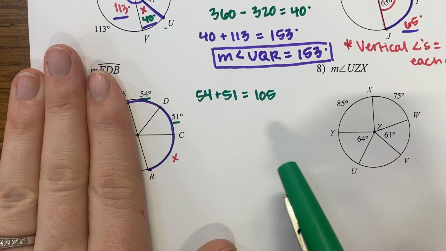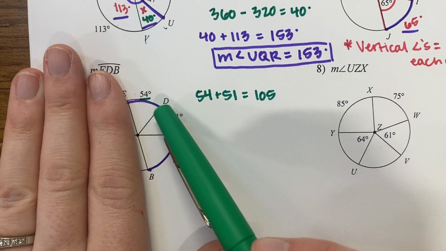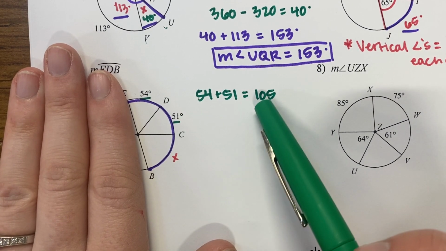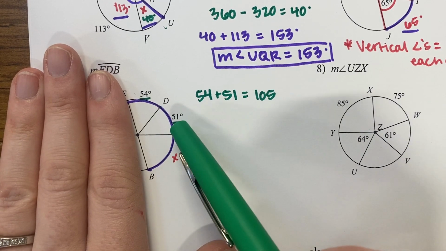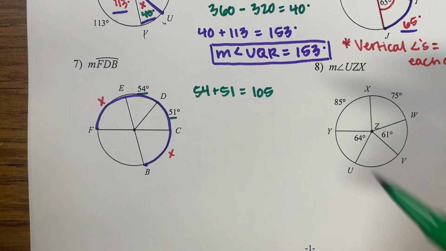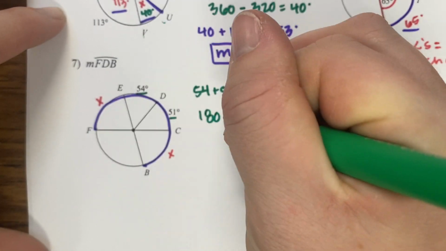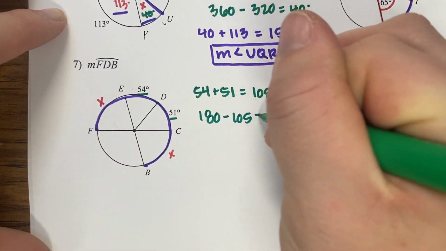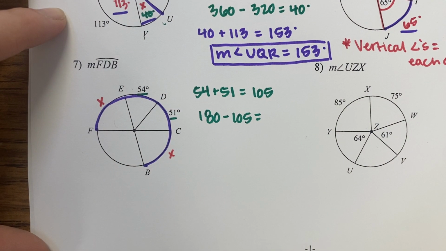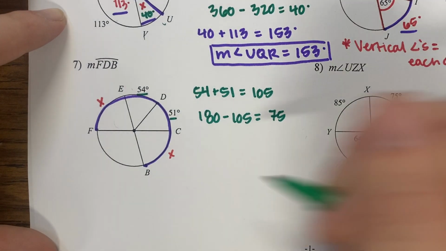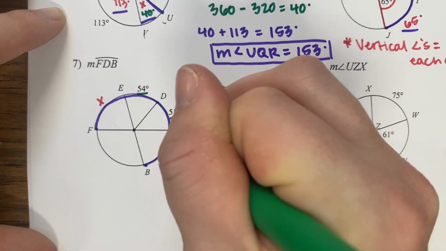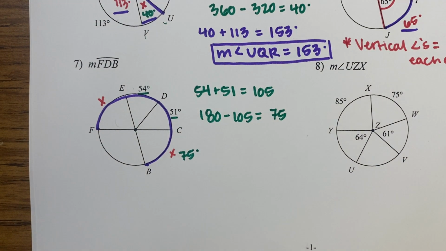We're not worrying about that half of the circle at all. Okay, we're just adding these two guys up, 105. Then we're going to take the whole half circle, 180, subtract that piece, 105. 180 minus 105 gives us 75. Okay, so I know that this guy right here is 75 degrees.